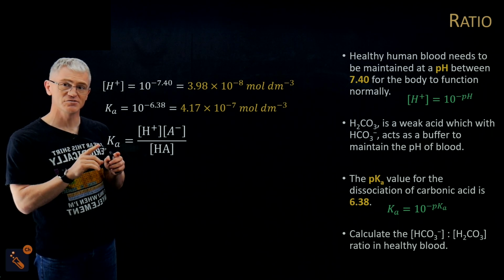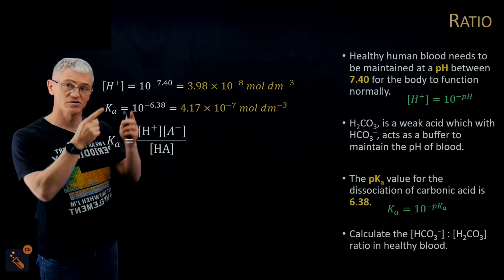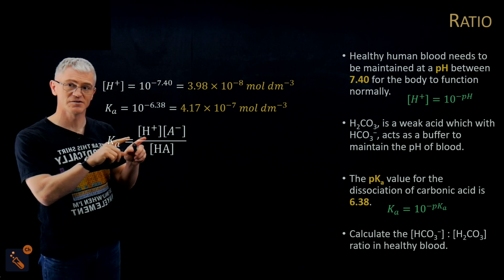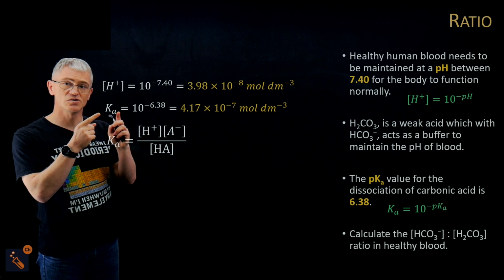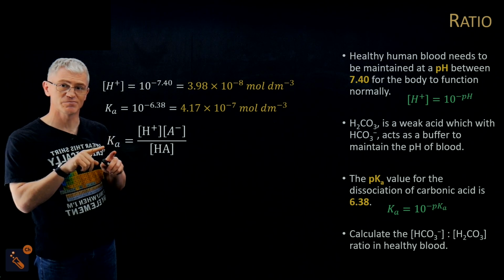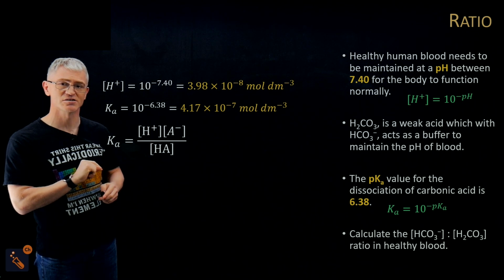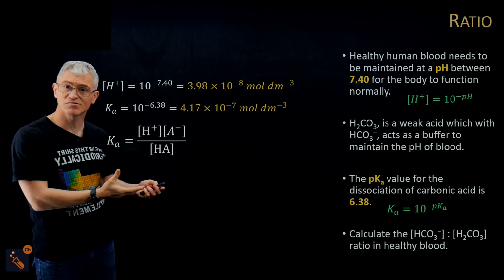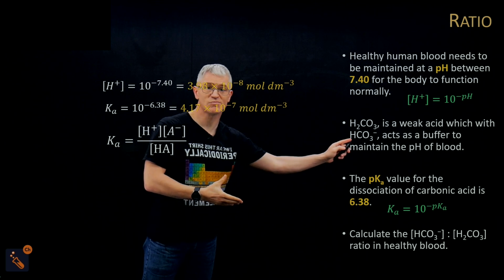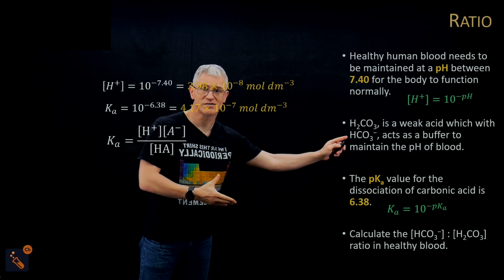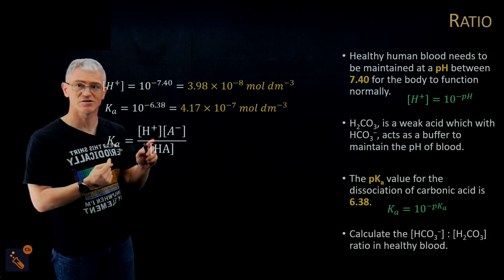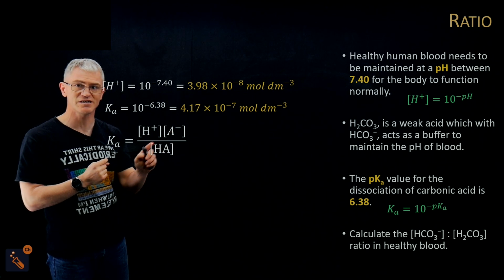Now you've got your concentration of H plus, you've got your Ka value, but you don't have your A minus or your HA. Remember, your A minus is your HCO3 minus, and your HA is your carbonic acid. We need to know what the ratio is between these two.